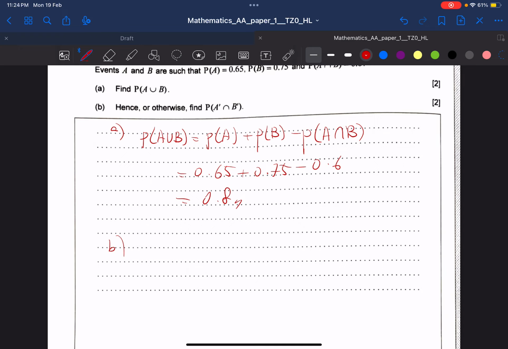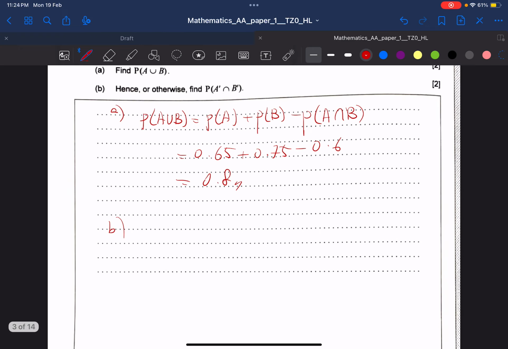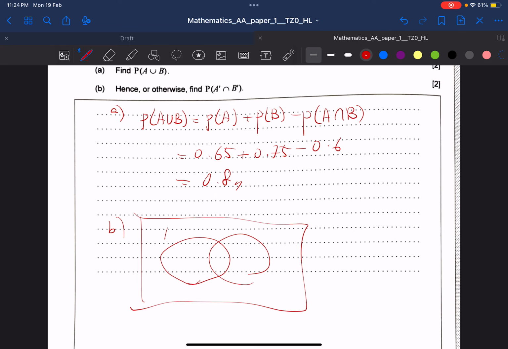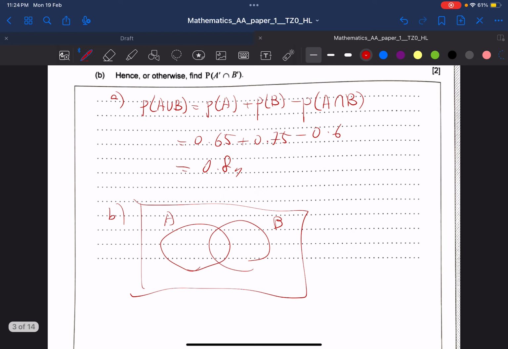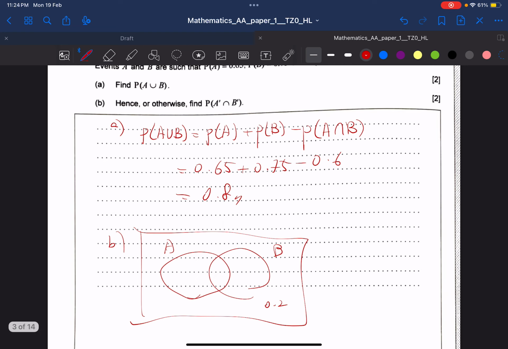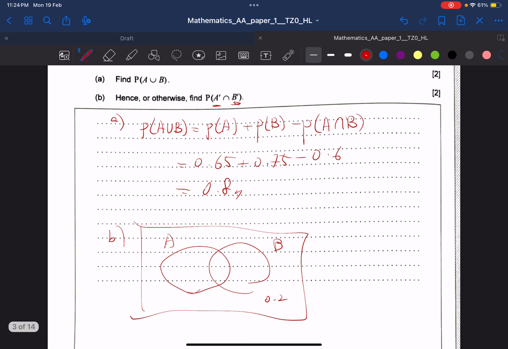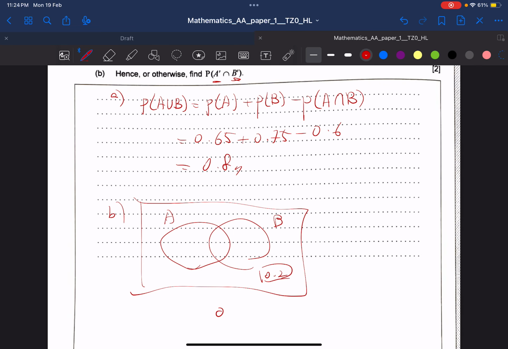So that's A already. For B, we draw a Venn diagram. The inside will be 0.8, so the outside is 0.2. The question asks for not A and not B, which is everything outside, so obviously it will be 0.2. Or if you want to write down some working, just write 1 minus the thing inside. Okay, that's done already.